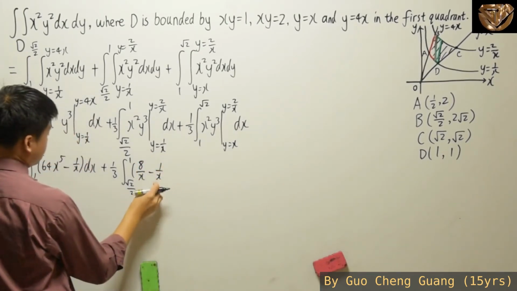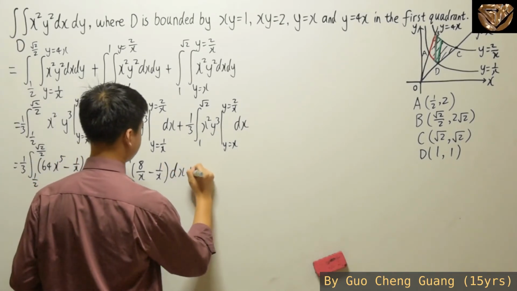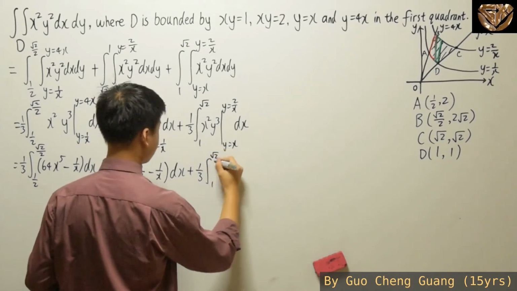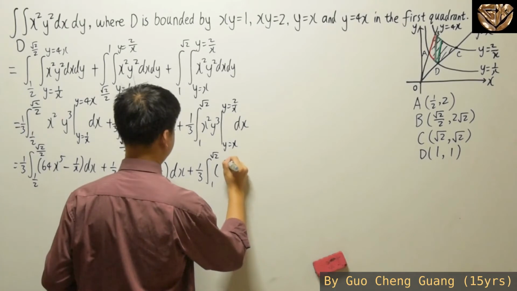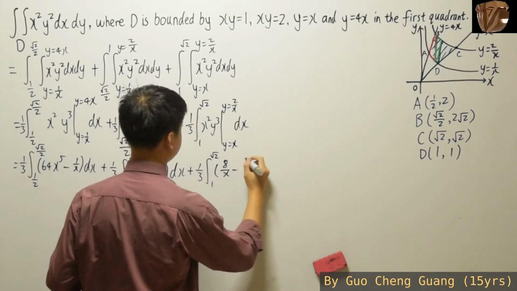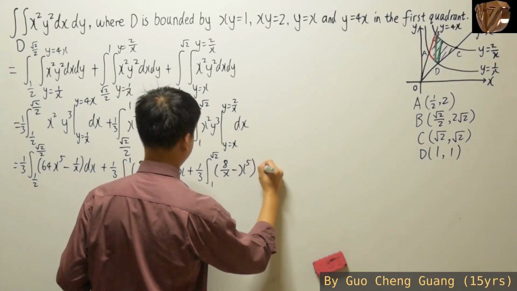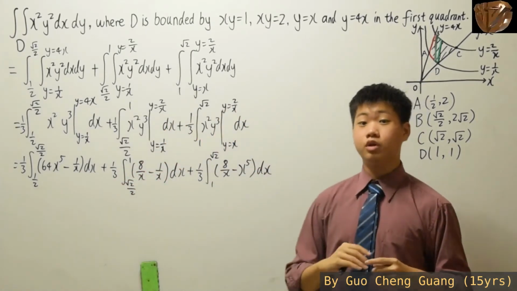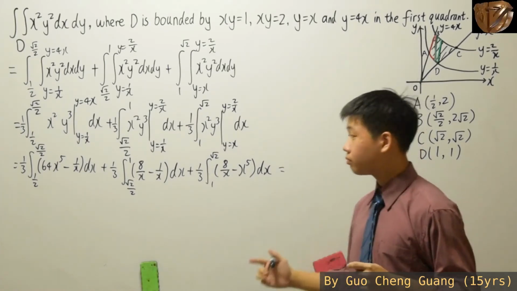So you can just combine this to become 7 over x. Now, in this part, you're going to have 8 over x minus x to the power of 5. So these are the few different terms you will see. Now we can integrate each of them.